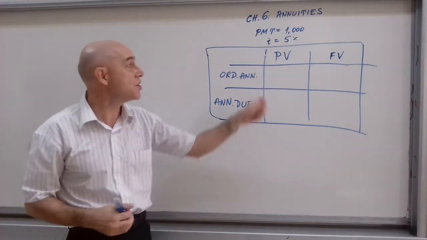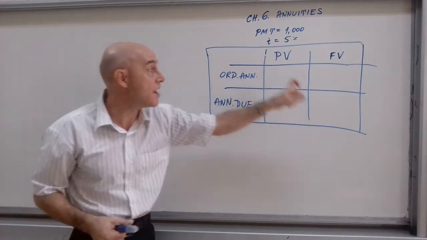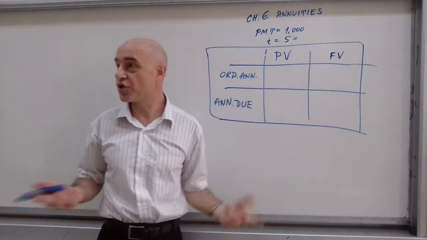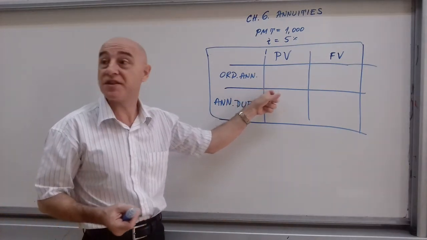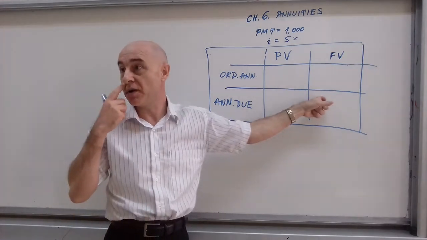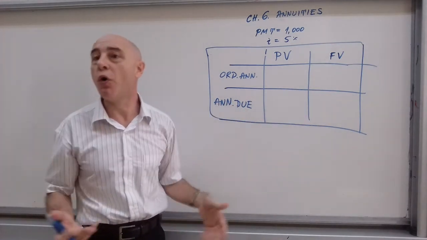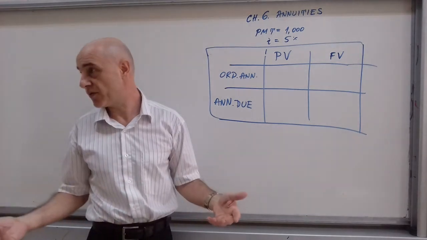Am I asking you present value of ordinary annuity? Am I asking you for future value of ordinary annuity? Respectively, present value annuity due and future value of annuity due. And these are the 4 primary problems to solve.